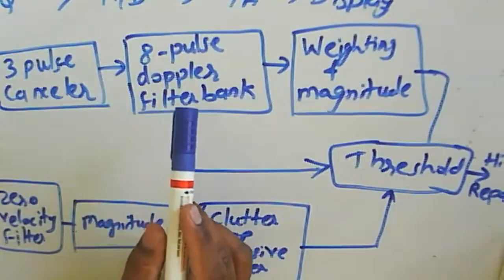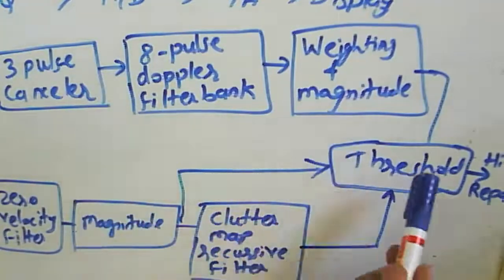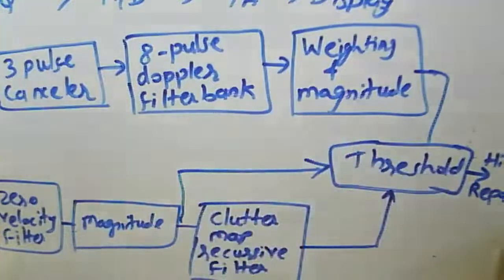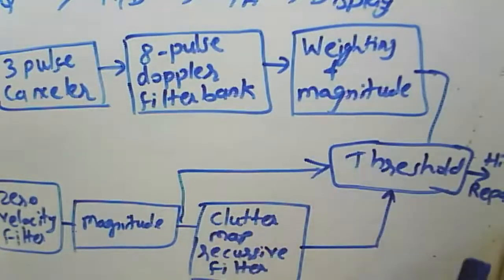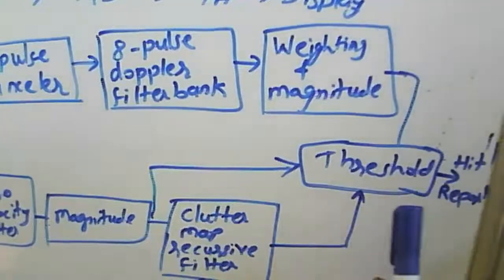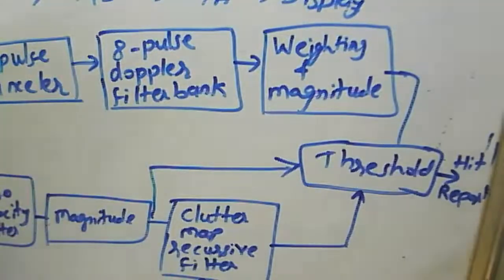Okay, and then we consider what will be the magnitude of a given particular signal. So that's why we use a threshold, and then instead of hit report, we can say display. Hit report means, for a given particular level, whether a signal is present or not. That will be detected by this moving target detector signal processor.